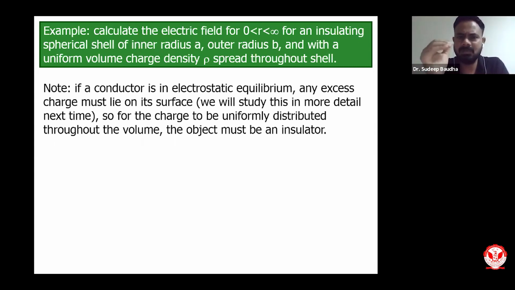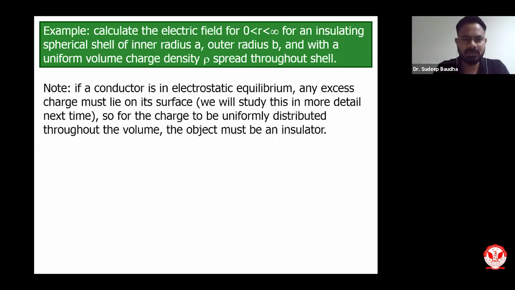We have to calculate the electric field for R from 0 to infinity, for an insulating spherical shell of inner radius A and outer radius B. So this is a sphere whose inner radius is A, outer radius is B, and with a uniform volume charge density rho spread throughout the shell.